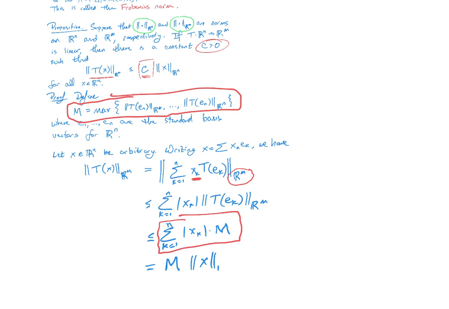Okay? Now, is that good? We've said that the norm of our linear transformation applied to x is less than or equal to capital M times the 1 norm of x. Have we proved the result?